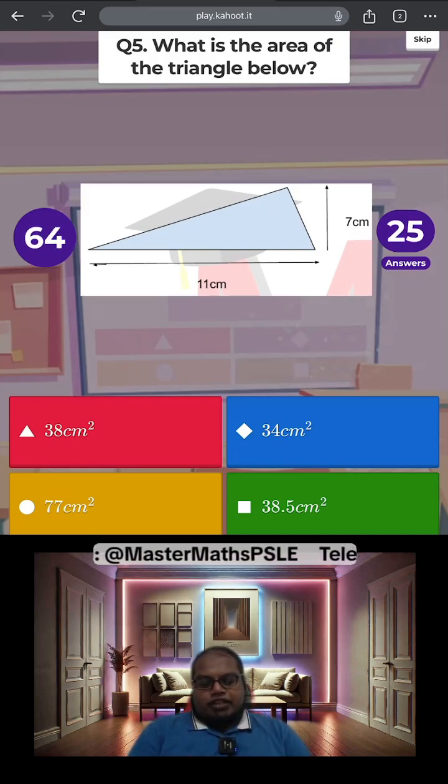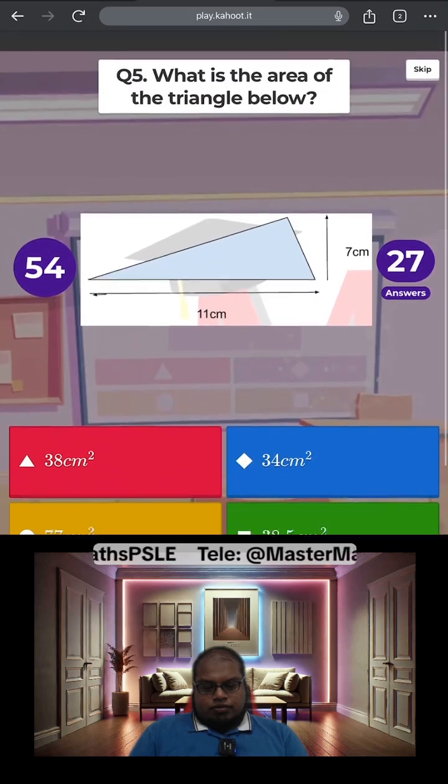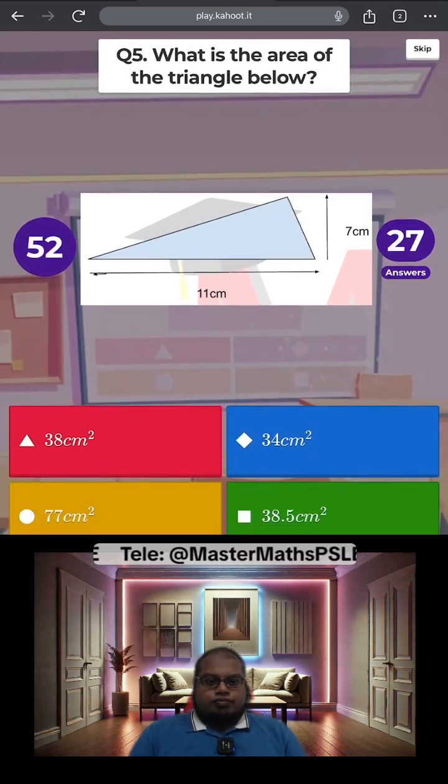Which one? Is it the purple one, or the pink one, or the white one?